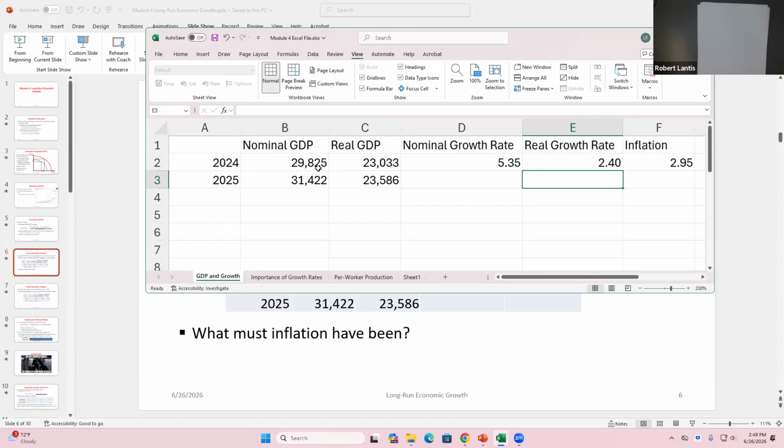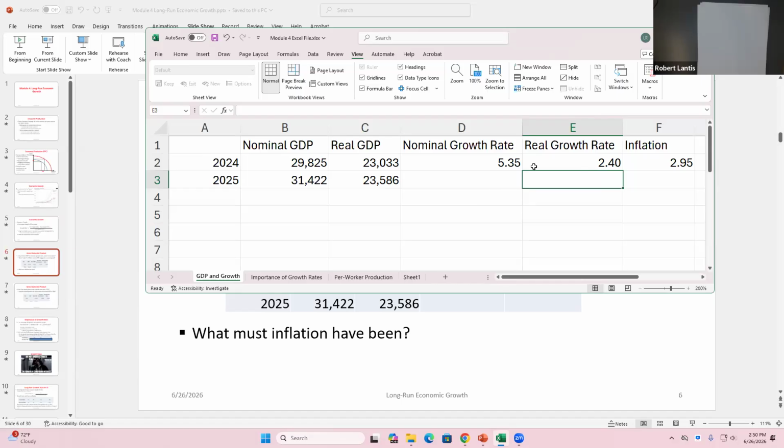Well, if prices decrease, that lowers my nominal GDP, but it doesn't impact my real GDP. So if I had deflation, or decreases in prices, my nominal growth rate would actually understate what the real growth rate was. So the exact opposite of the example that we have here.